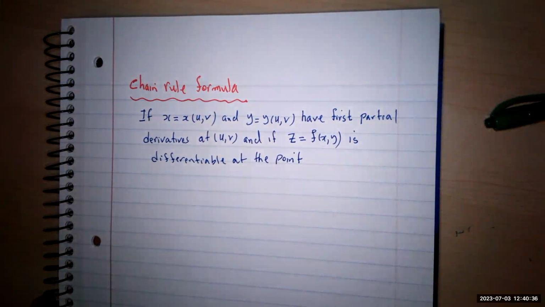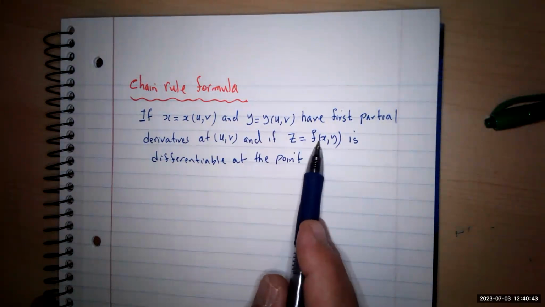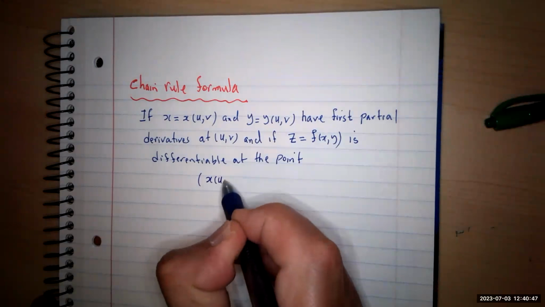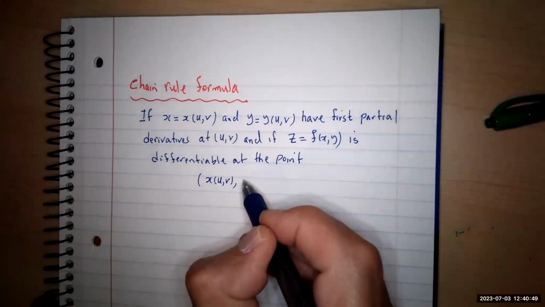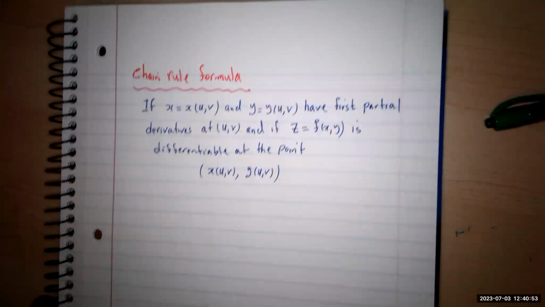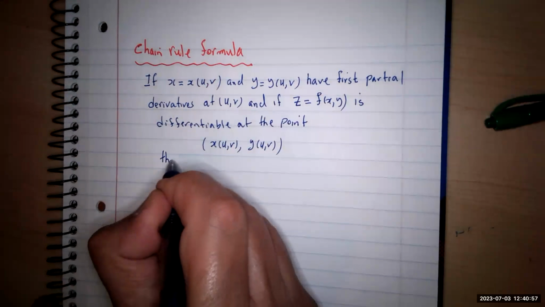The points are going to be x of u comma v, and y of u comma v. If this is going to be differentiable, then you are going to have the following.